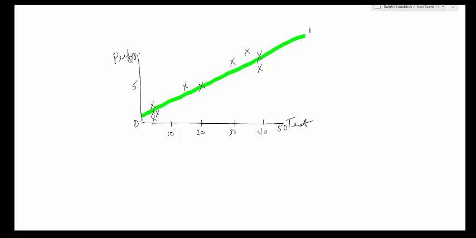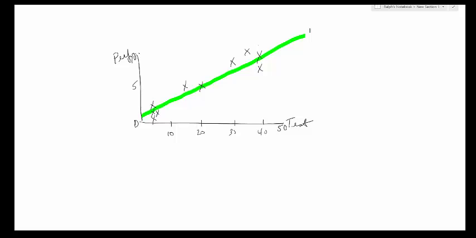Now, the issue here is that you're using this knowledge of your sample to represent the population. So you're going to have to really be persuaded that this is not just something that you are assuming. You'd like to have a number that approximates how good this relationship is, how strong this relationship is.